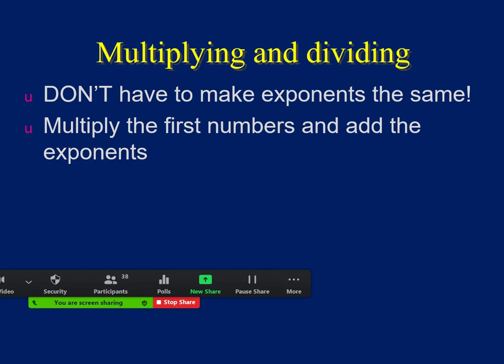So basically what you do is you multiply the numbers in front, and when you're multiplying numbers with exponents, the rule for exponents is when you multiply, you add. So you multiply the first numbers, then add the exponents.